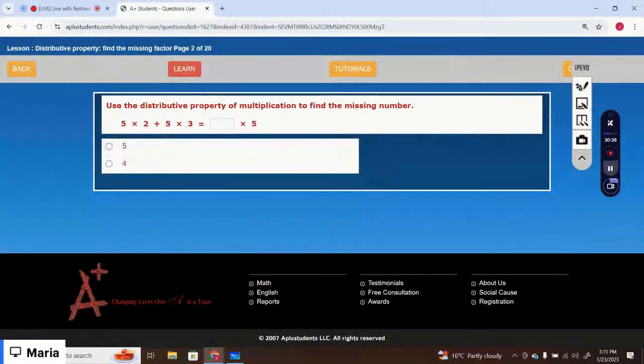Use the distributive property of multiplication to find the missing number. So which number is missing?